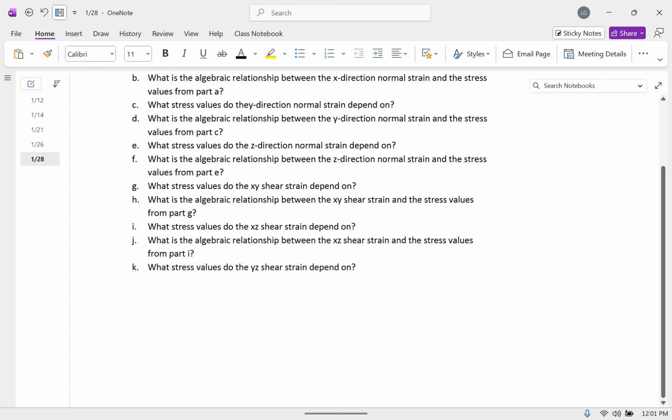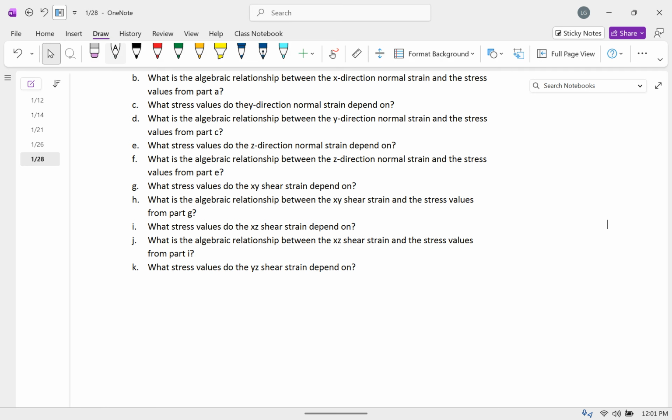Okay, so we have this relationship that says the Voigt strain is equal to the compliance matrix times the Voigt stress. And we have all the elements of these things.